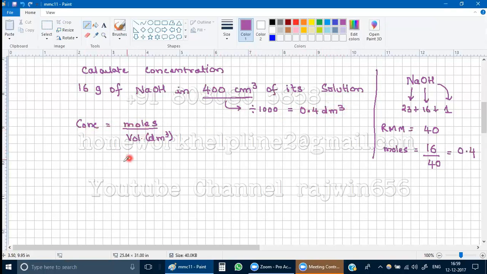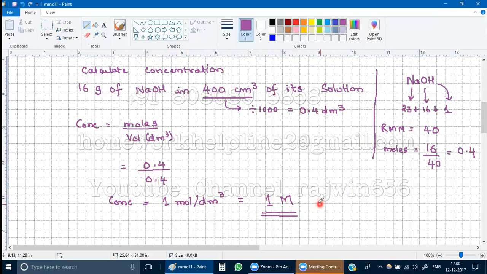So the concentration is moles divided by volume: 0.4 moles divided by 0.4 dm cube. 0.4 upon 0.4 is 1. So the concentration of this solution is 1 mole per dm cube, which is also written as 1 capital M.